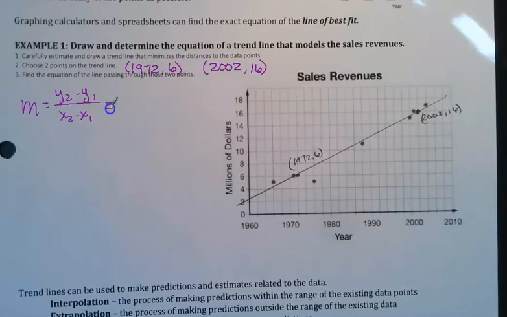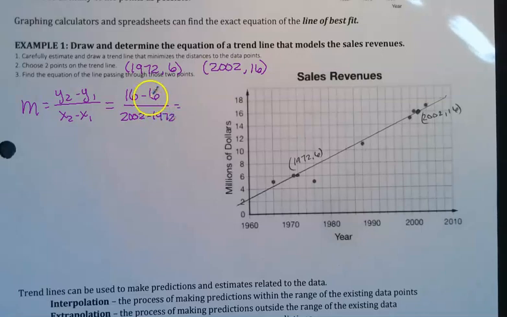Okay. So what would that numerator look like? What numbers would I plug into the numerator? The 6 and 16. So which one do you want to put first? The 16? Okay, so 16 minus 6. And what will my denominator look like? 2002 minus 1972.